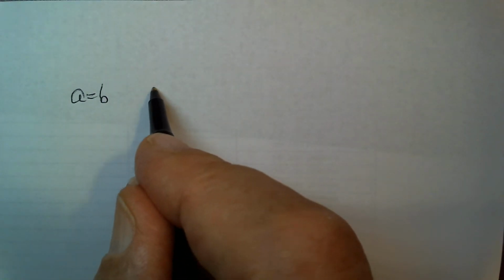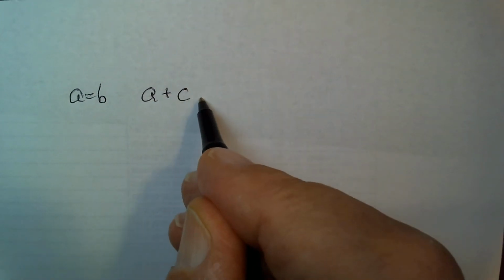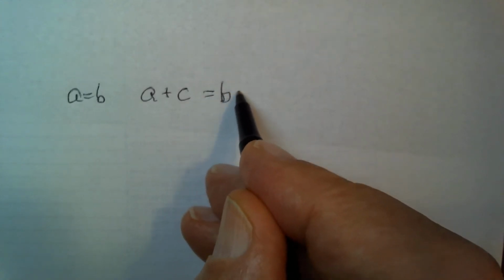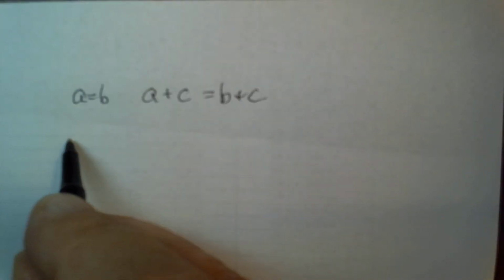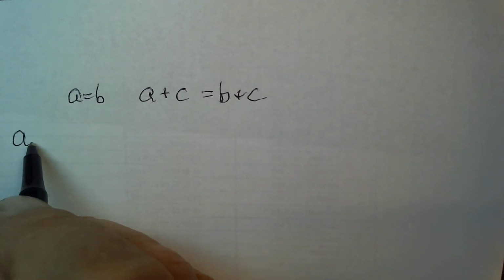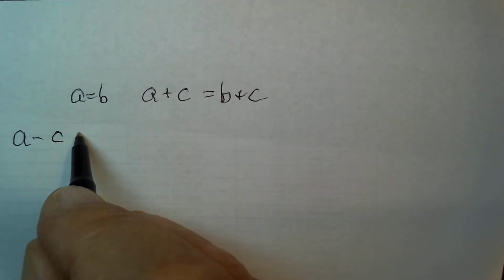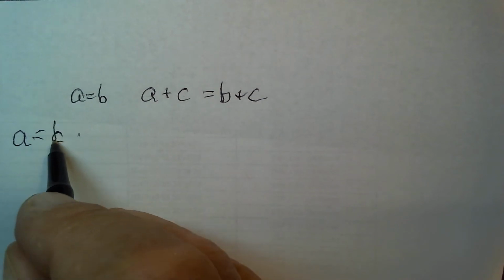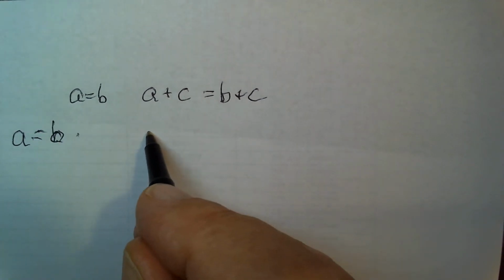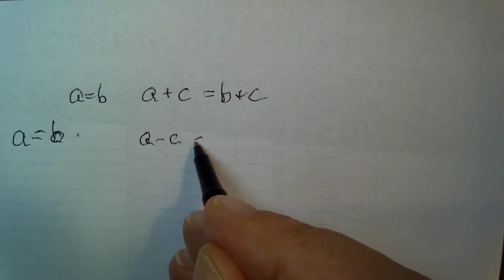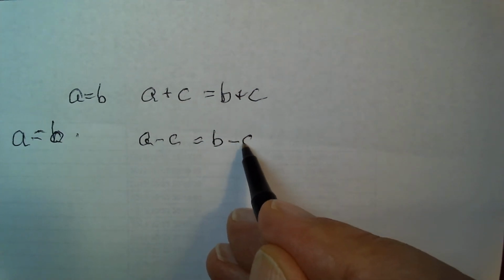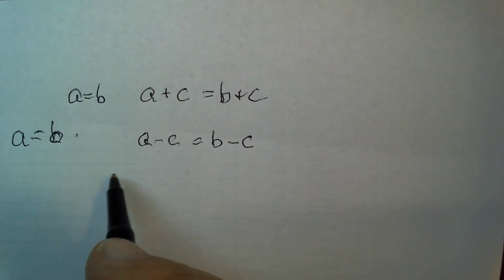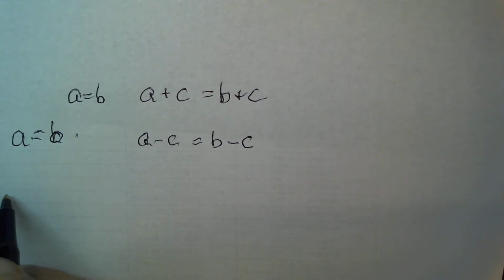Next, we will look at the addition principle, and remember that says that if A equals B, and we add the same quantity to both sides, let's say C, then A plus C equals B plus C. That's the addition principle. And the same is true when we subtract the same quantity from both sides. If A equals B, then A minus C is the same as B minus C. That's because, remember, subtraction is defined as adding the opposite.